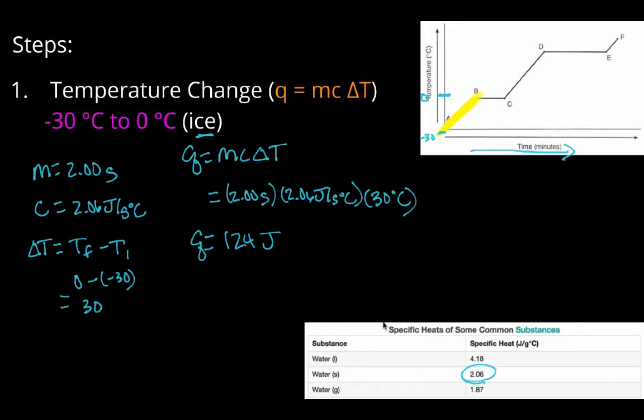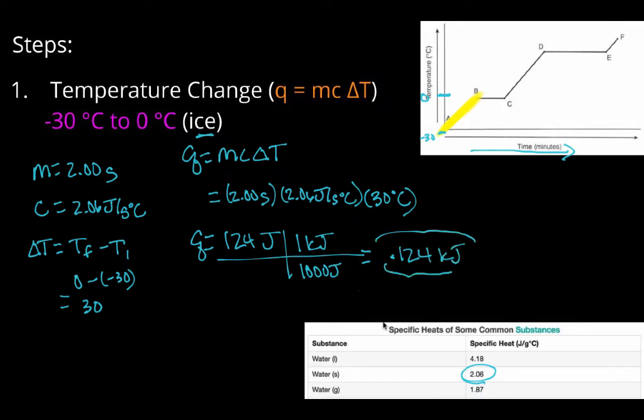Okay, then what I'm going to do is, since I know eventually I'm going to have to change all these to kilojoules, I'm going to go ahead and do that conversion right now. So 1 kilojoule is 1,000 joules. So that means this is 0.124 kilojoules. Okay, so that's how much energy is required for this first section of the graph. So I'm going to set that aside for now. I'm going to go to the next section.